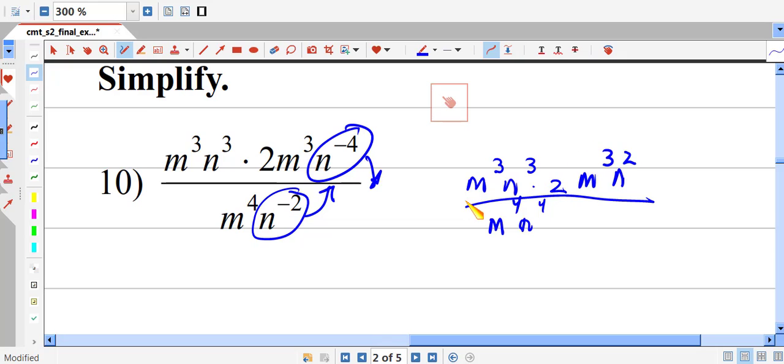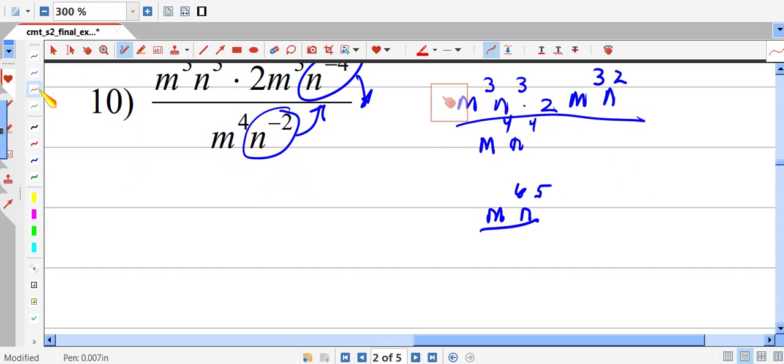And now I'm going to do the multiplication rule where I have repeated bases beside each other, in which case I add the exponents together. So I have an m cubed and an m cubed. That's going to give me m to the 6th. Then I have an n cubed and an n squared. That's going to give me n to the 5th when I condense. And the numerator stays the same.